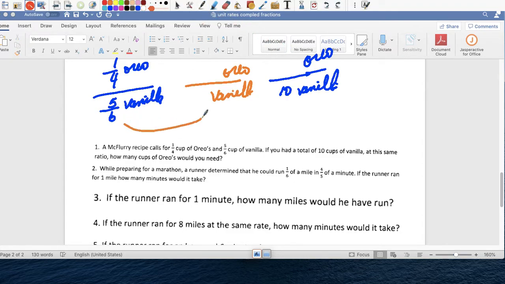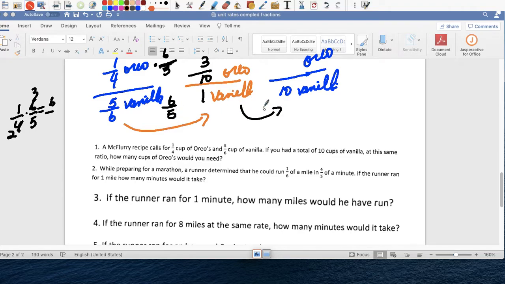So what's the reciprocal of 5 over 6? The reciprocal is 6/5. I'll multiply the top by 6/5. So 5/6 times 6/5 is 1. On the top, 1/4 times 6 over 5. You're welcome to use a calculator. You're going to get 3 over 10, simplified.